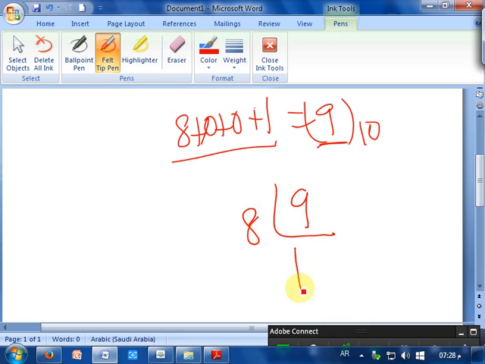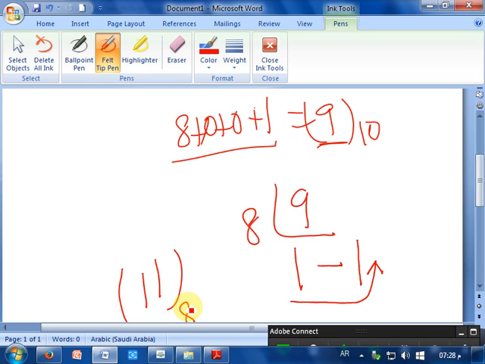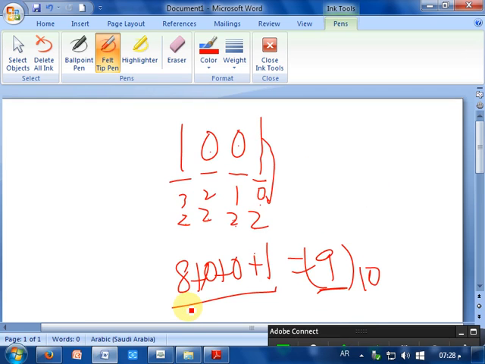It goes one time, remainder one. So it is 11 in base 8.